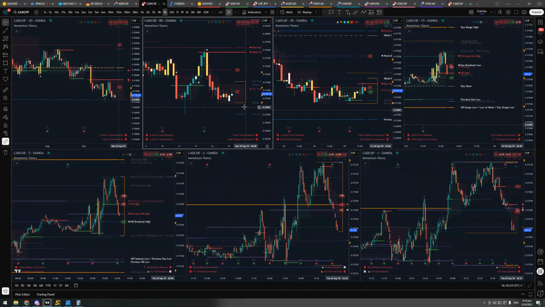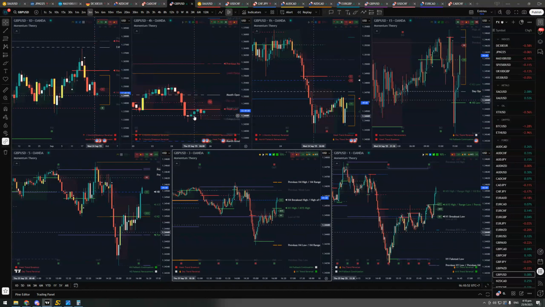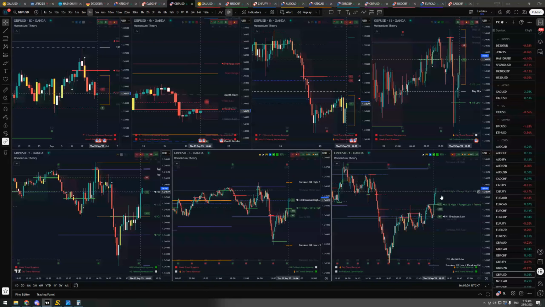Okay, I guess NZD Swiss is still going to be what I'm looking at. And then GBP USD. H4 close outside bar. That creates a range.